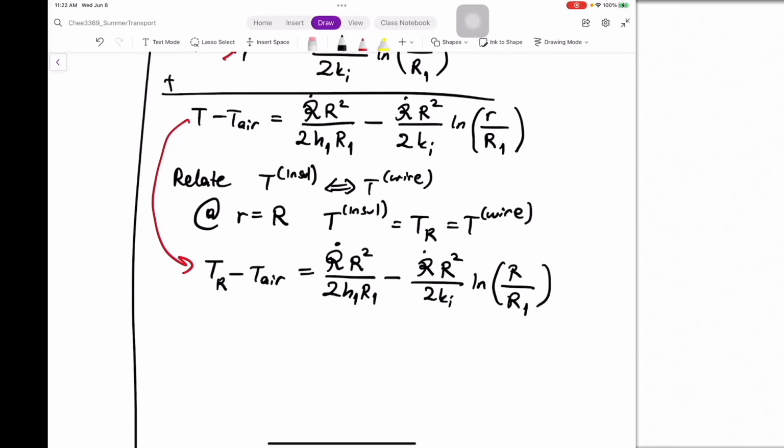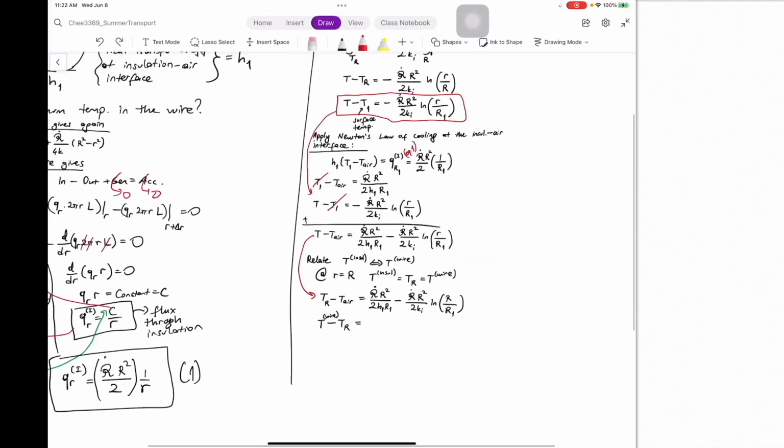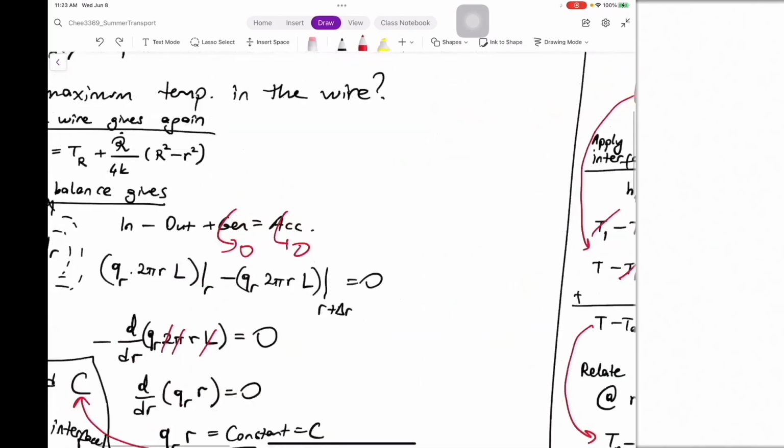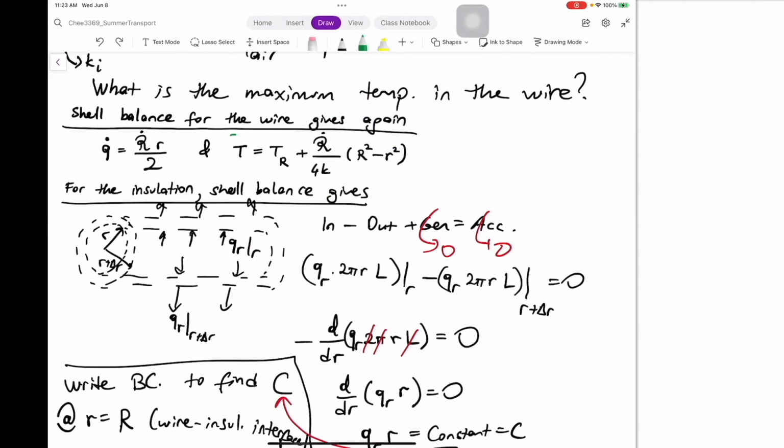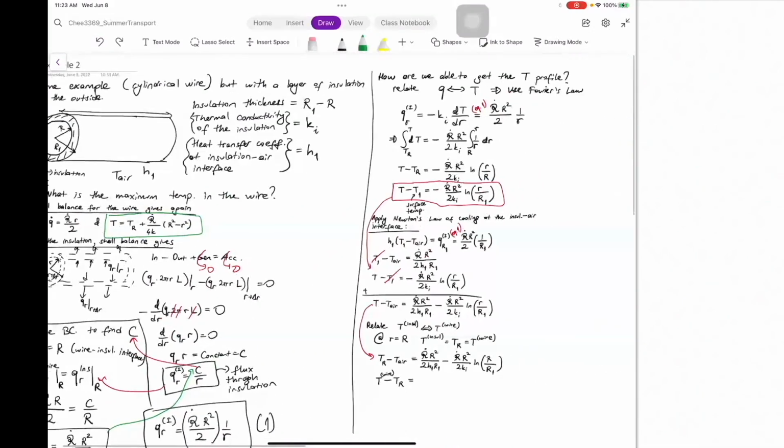Okay, and I need to write down the equation for the wire, basically T minus T_R. I would like to write the T minus T_R for the wire because I want to just cancel these T_R's. Okay, that's why. And from our previous analysis for the wire, have a look at this. T minus T_R is nothing but this expression, correct? So I can actually plug it in here.